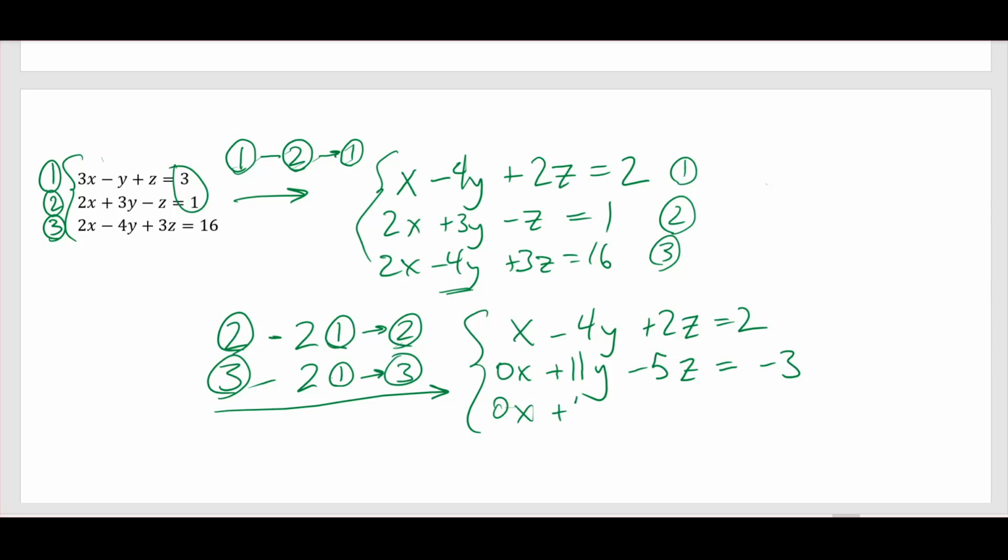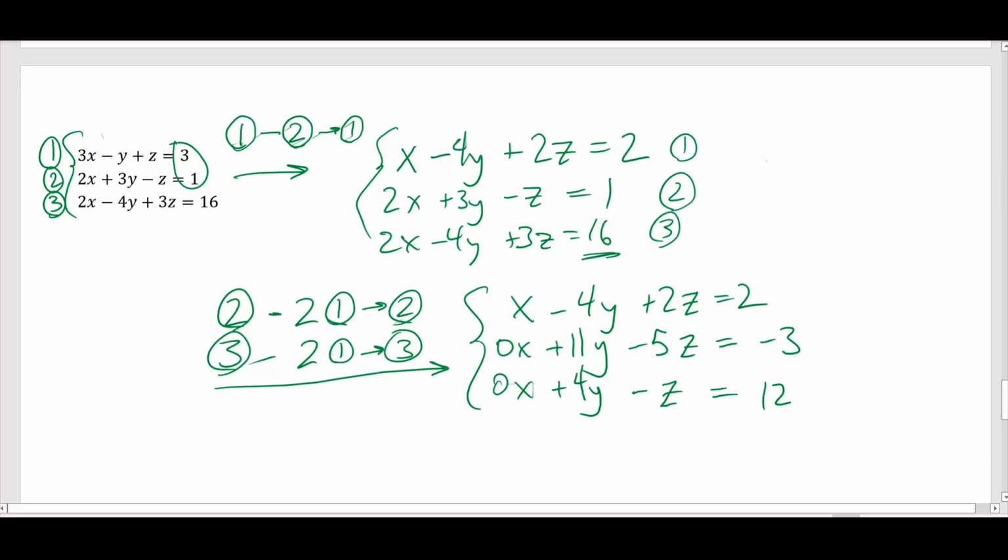So adding 8, we're going to have plus 4y. Okay, and then we've got 3z minus 2 times this one. So 3 minus 4 would be negative 1. Okay, good. And now the constant. So we've got 16 in that position, minus 2 times 2. So that's going to be 16 minus 4, which is 12. Okay, great.